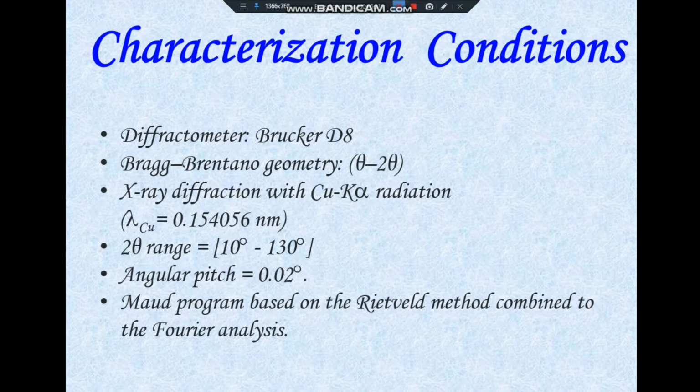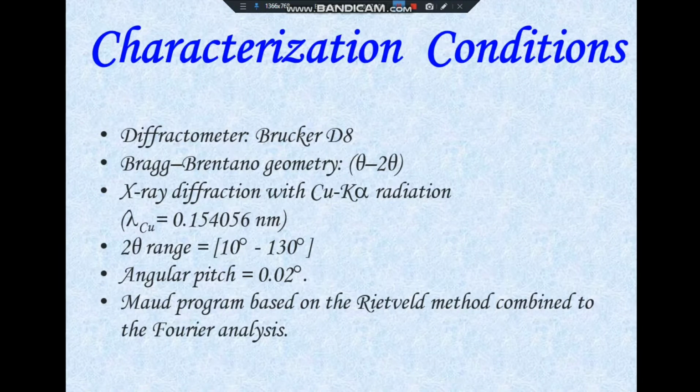We use for diffraction a Bruker D8 diffractometer with a Bragg-Brentano geometry, theta to 2 theta, with X-ray diffraction with copper radiation, with a 2 theta range from 10 degrees to 130 degrees with an angular step of 0.02 degree. The results are refined by the MAUD program based on the Rietveld method combined with Fourier analysis.